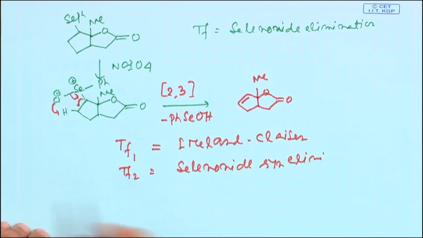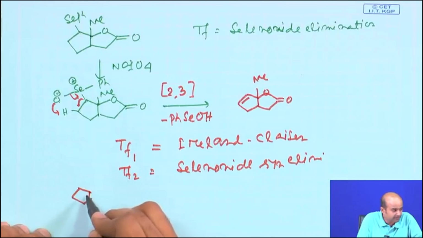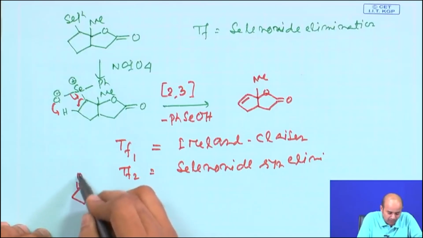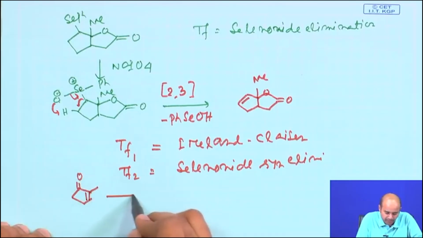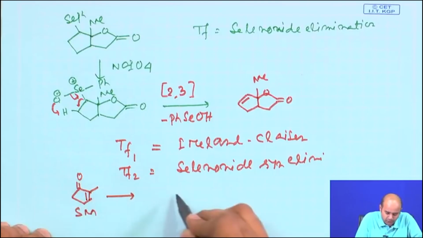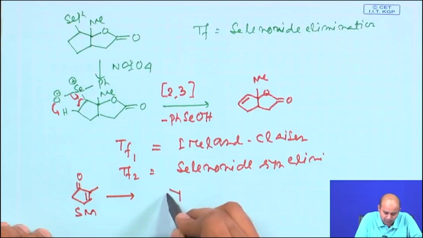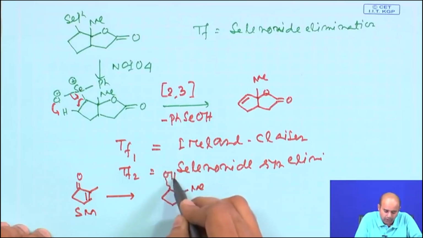And the starting material given to you was a cyclopentenone, and from the initial starting material you need to do a 1,2 reduction to convert it to an allylic alcohol.